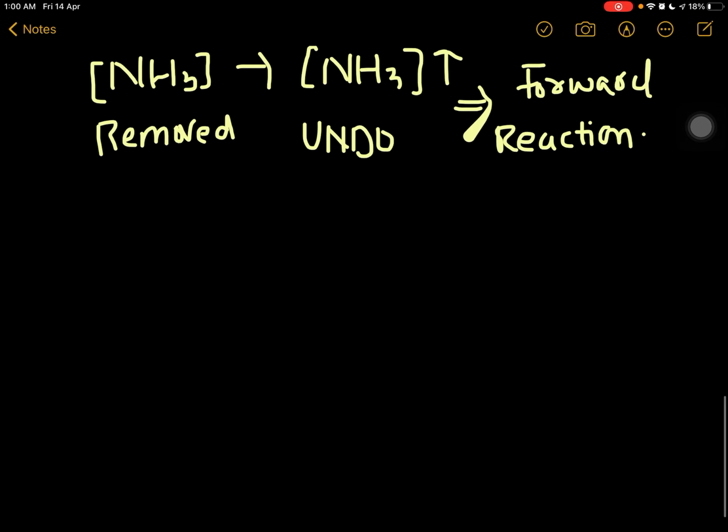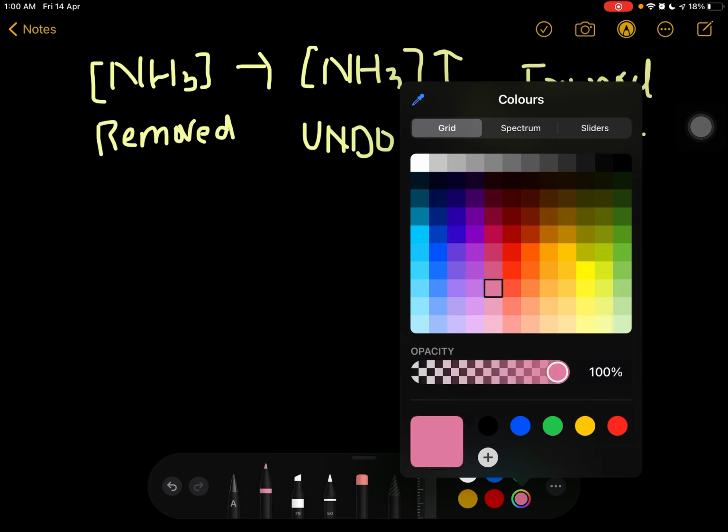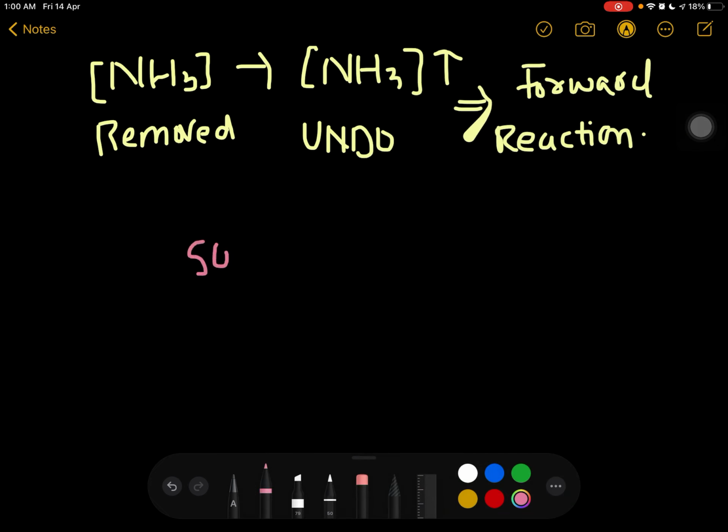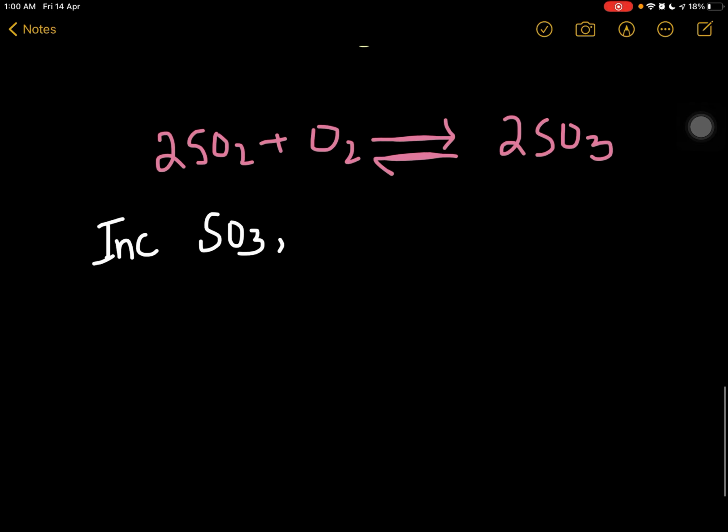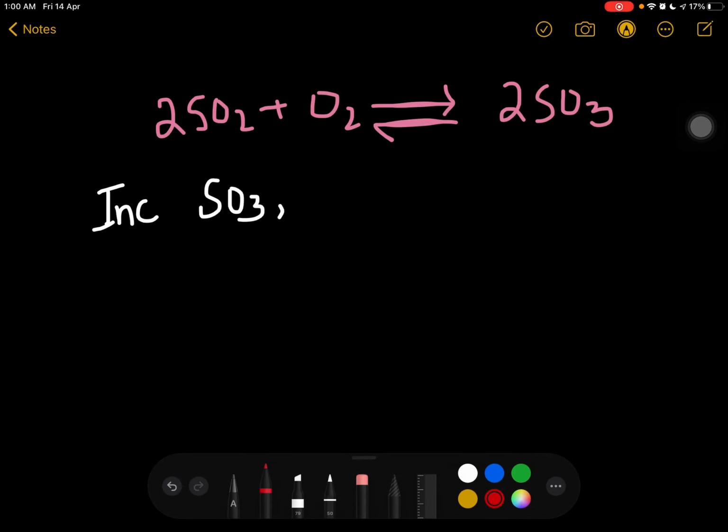So now let's consider one more example, the contact process. For example, we have SO2 plus oxygen, and they produce 2SO3. Now if I want to increase the production of SO3, what should I do? There are two things I can do.